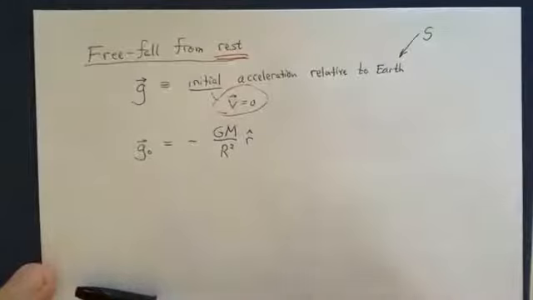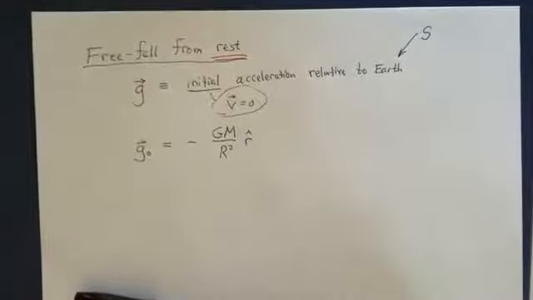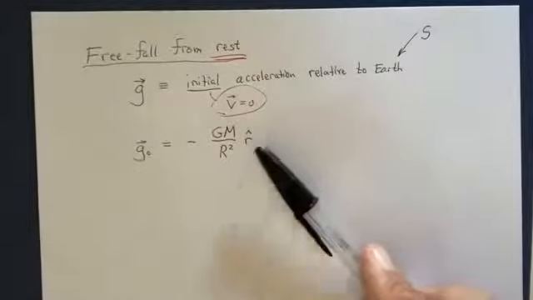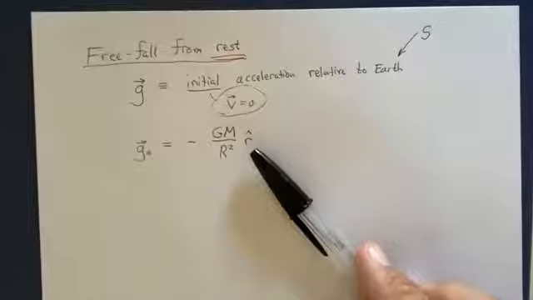Okay, so this is the gravitational field. Remember, gravitational fields are measured in meters per second squared. You take a gravitational field, you multiply by the mass of a little test particle, you get the gravitational force on that little test particle. It's just like an electric field times the charge on a particle. So this is the gravitational field due to the Earth, and we're assuming a spherical Earth here, okay?